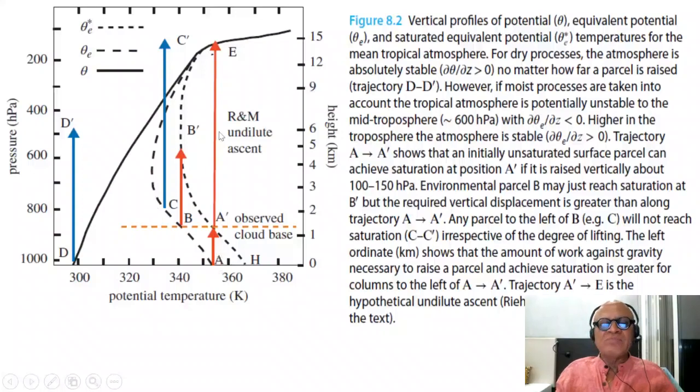So A prime to E here is the hypothetical undilute ascent that I mentioned, because if you mix dry air, you are going to lose buoyancy and you cannot rise anymore, right? And you will sink back.